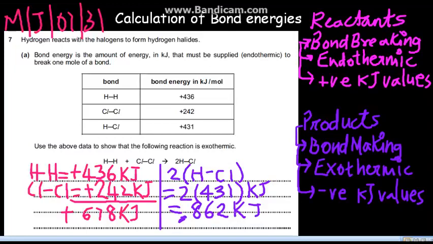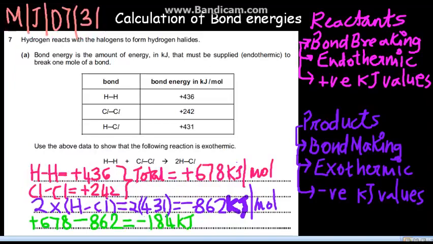Now we need to add the two values of the bond energies. The overall energy change after adding the endothermic and the exothermic changes is plus 678 minus 862, which gives you minus 184 kilojoules.